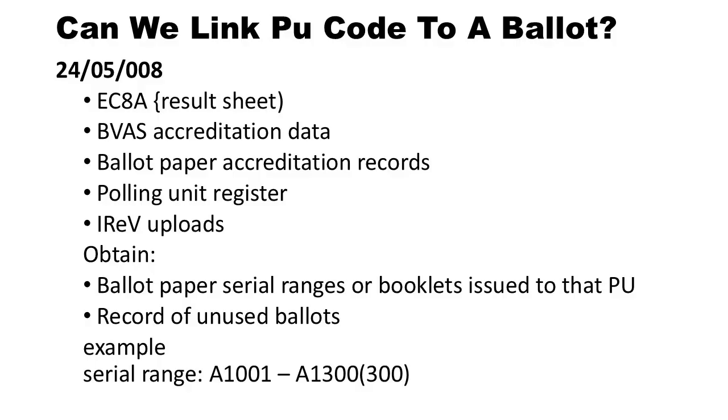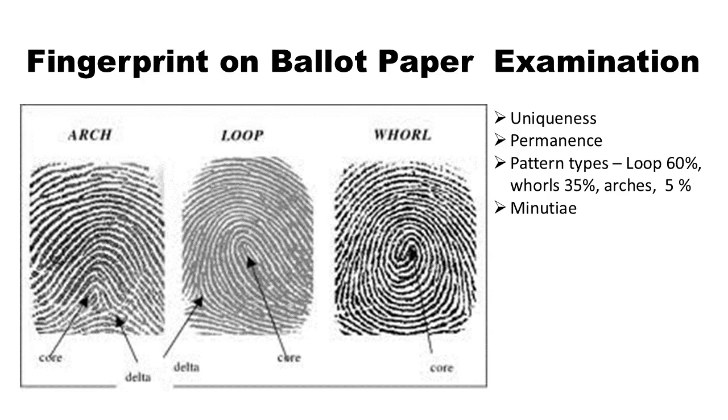So let's move ahead. Another important thing on ballot paper is fingerprint. In fact, in Nigeria, that is what we use. I don't know whether later they can change it to using markings, but this is what we use. And the reason why we use fingerprint is because of its uniqueness.